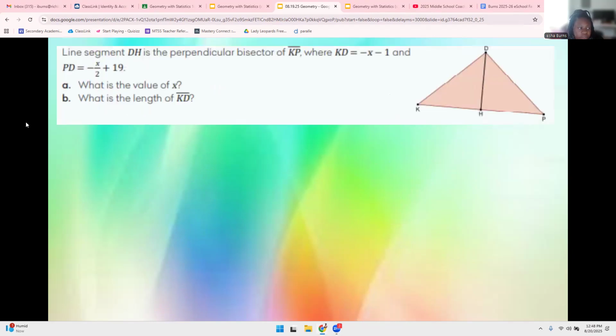So now we know line segment DH is a perpendicular bisector of KP. From there, we can conclude that this is a right angle and KH is congruent to PH.